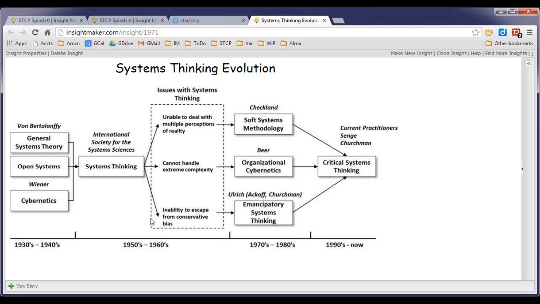Someplace right here, which is not on this chart because I didn't create this chart, J.W. Forrester invented system dynamics at MIT as an approach to dealing with some real live problems.